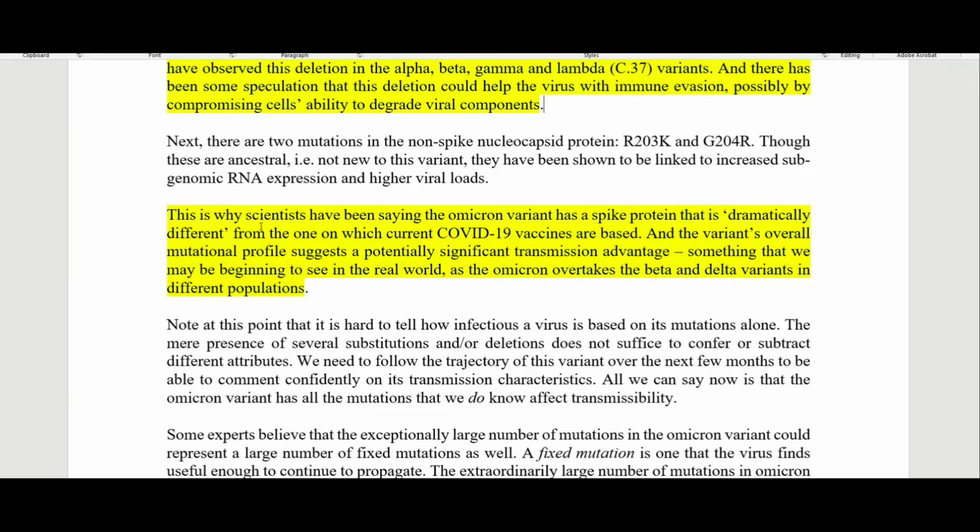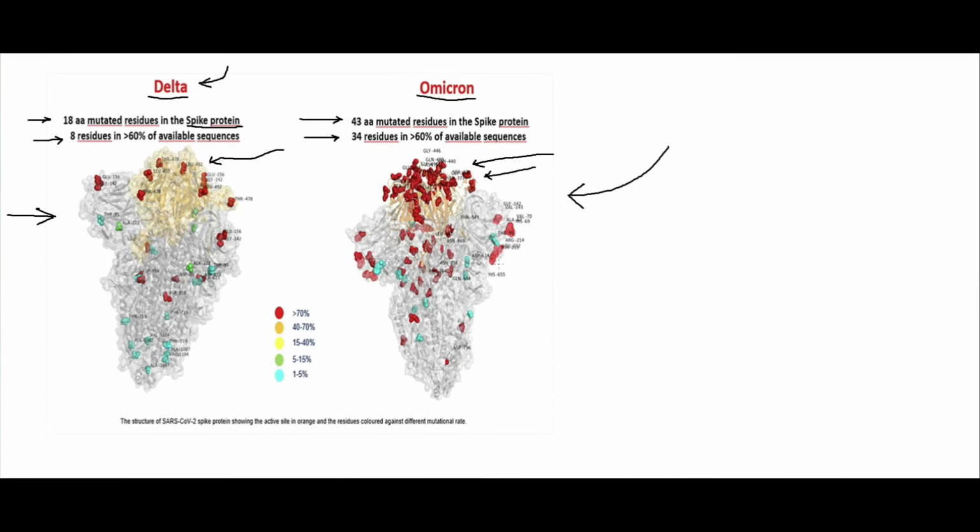All right, so this is why scientists have been saying that the Omicron variant has a spike protein that is dramatically different. And you can see just from this how many of these red spots are on here telling us how different it is.